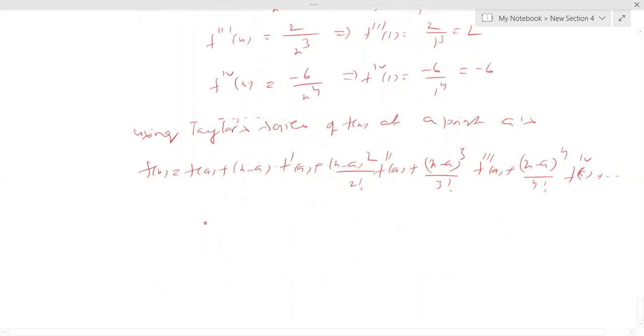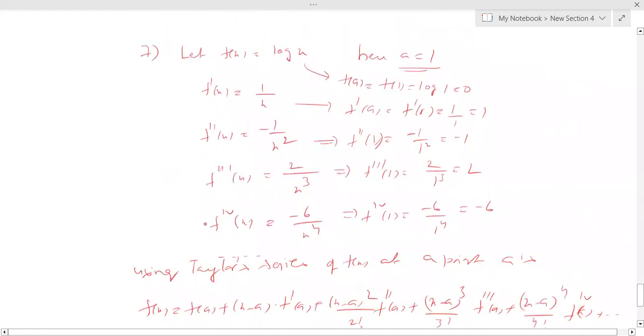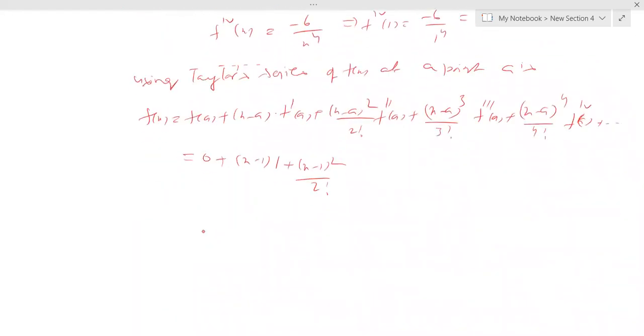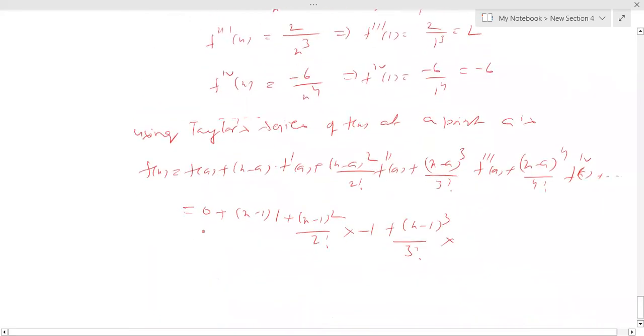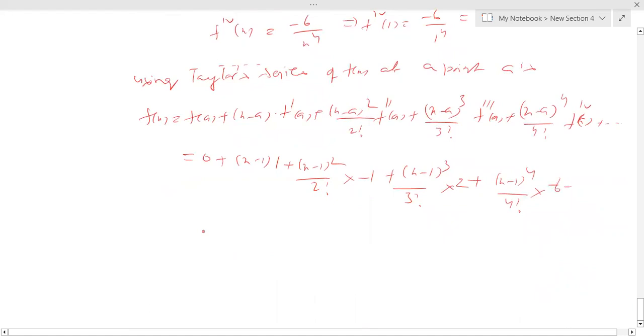Already we know these values, substitute this. f of a means log 1, 0, x minus 1. f dash a value is 1 by 1, 1. x minus 1 whole square by 2 factorial into f double dash a, which is minus 1, plus x minus 1 whole cube by 3 factorial into f triple dash a, which is plus 2, plus x minus 1 whole power 4 by 4 factorial into its derivative, which is minus 6, plus and so on.